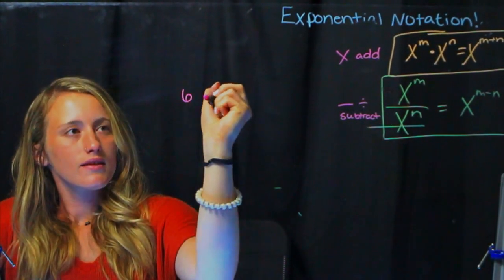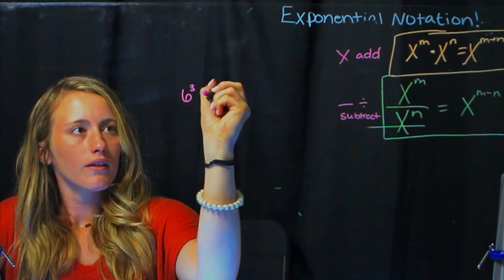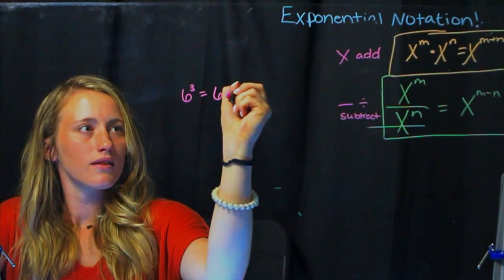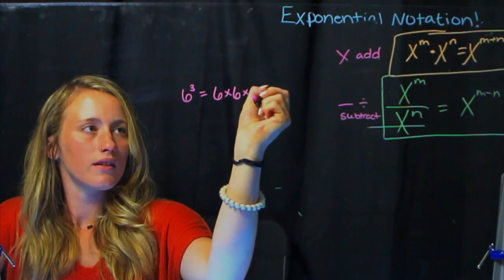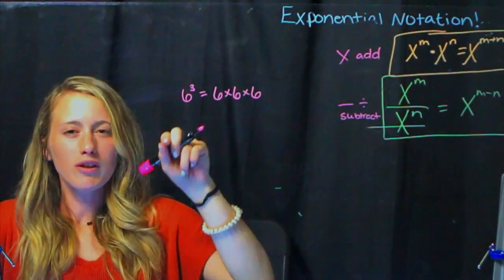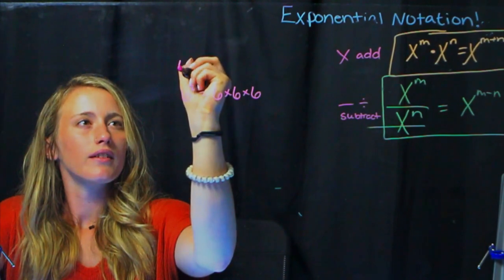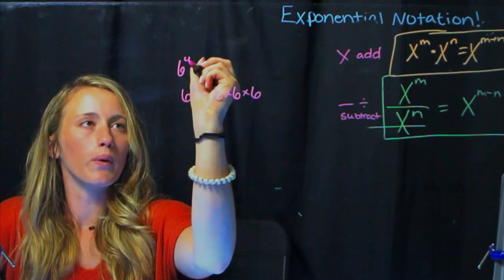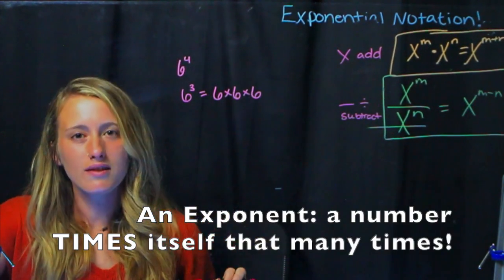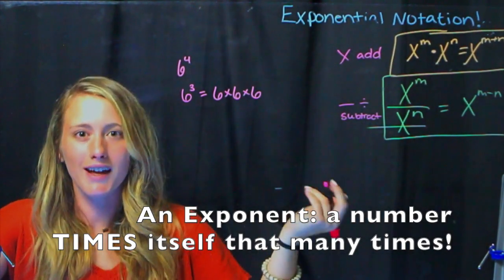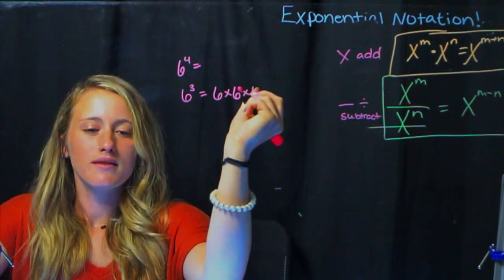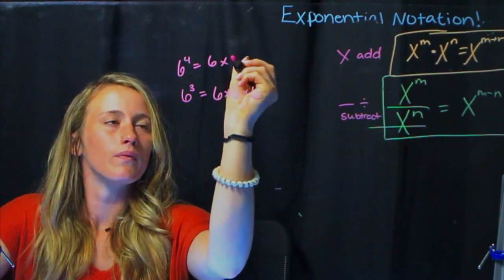Again, 6 to the third power actually equals 6 times 6 times 6. If I want to multiply 6 to the third power with 6 to the fourth power, well, what does 6 to the fourth power equal? Yes, 6 times itself 4 times.